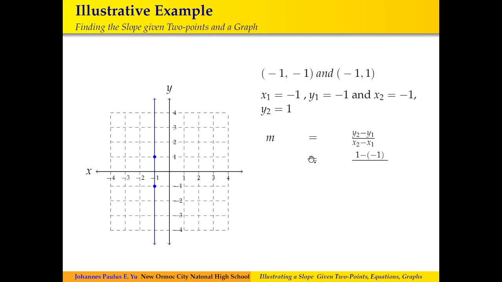All over x sub 2 is negative 1, minus x sub 1 is also negative 1, so enclosed in a parenthesis din. So, 1 minus negative 1, that is 1 plus 1. Ito, negative 1 plus 1, that is 0. So, this will become 2 over 0. And any number divided by 0 is always undefined.